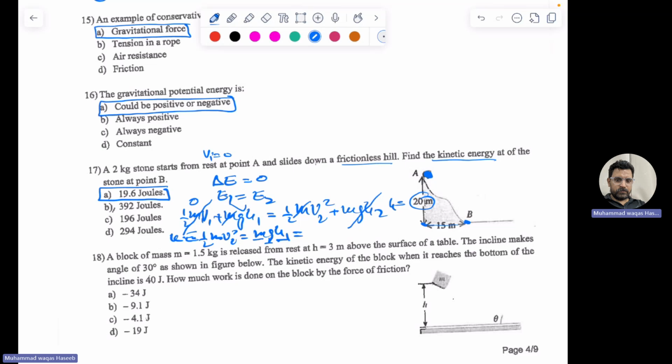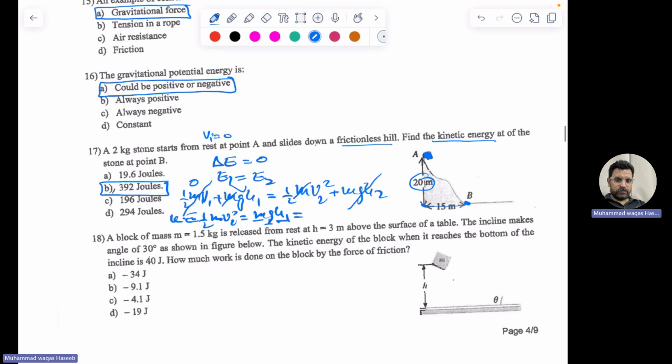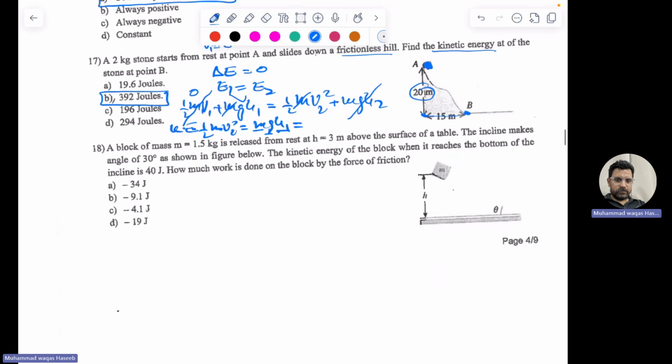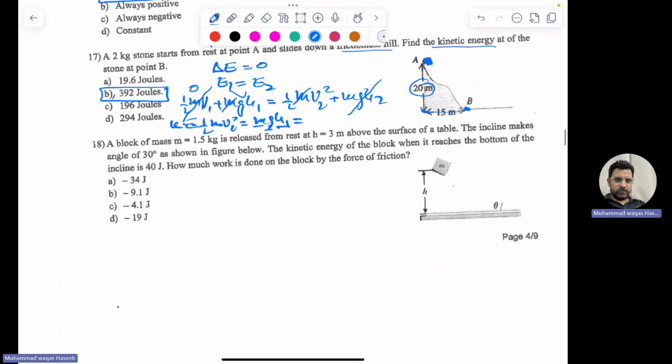No, the calculation is showing me 3.92 joules. Okay, now moving to the next question.